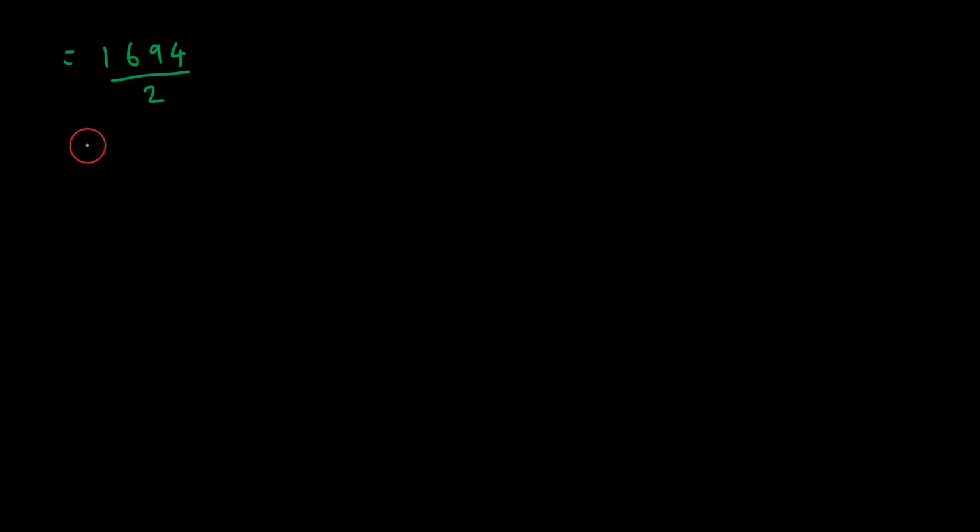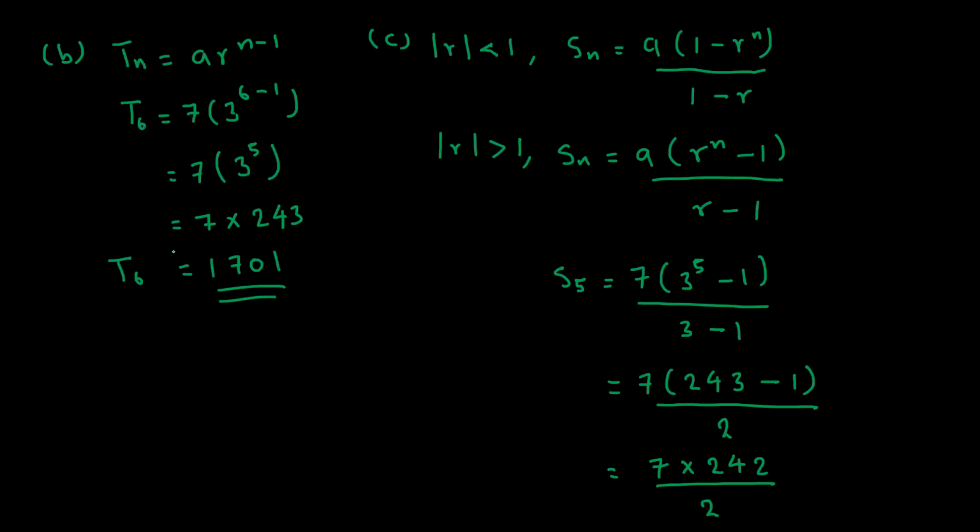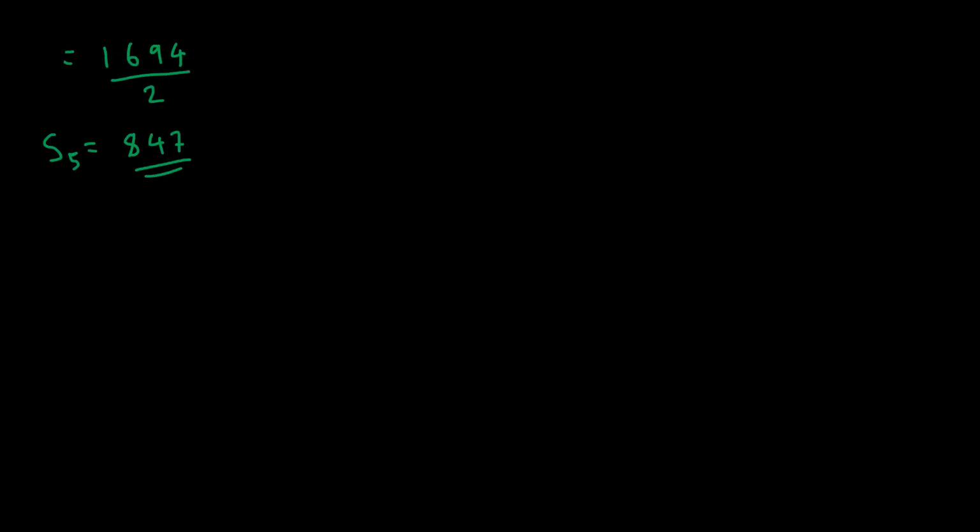So we divide. So the sum of the first 5 terms will be 847. So this is the sum of the first 5 terms.